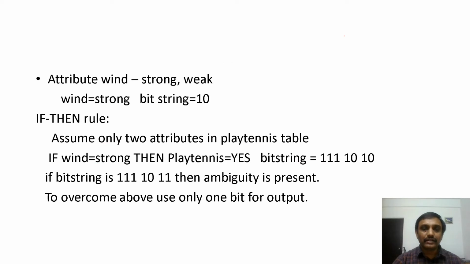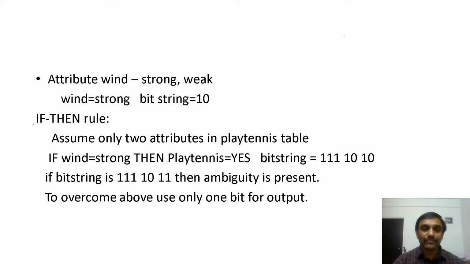Take another attribute in the play tennis table, the wind attribute, which has two possible values, strong and weak. In that case, the bit string length is only 2 bits. So if wind is strong, the bit string is 10.